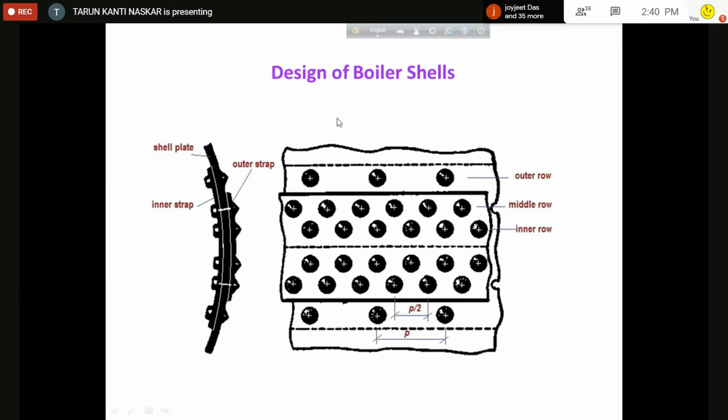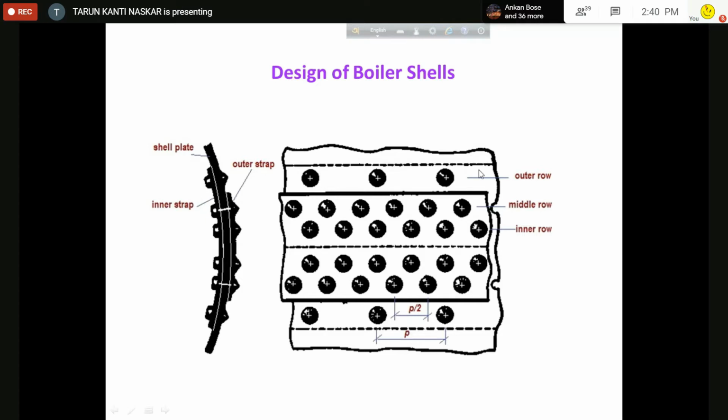Now you see there is an outer row of rivet heads, outer row of rivets. This is the middle row of the rivets. This is the inner row of the rivets. Now this is a butt joint.